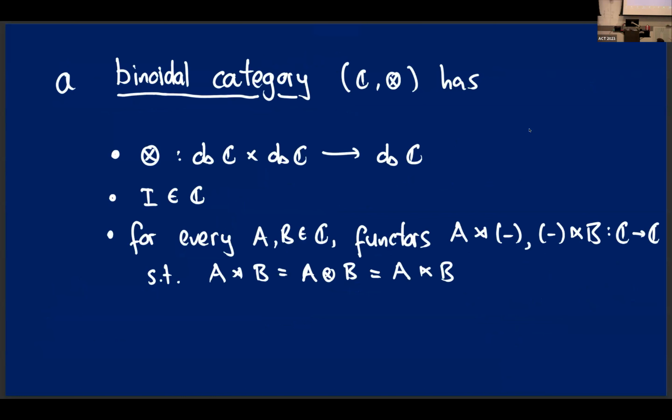This is not a functor. We've got a unit object, and then for every A and B we've got things that want to be A tensor blank and blank tensor B, but because we're not functorial in both arguments simultaneously, they only exist on one side or the other. So these two don't stick together to form a functor in two arguments. It's just what they ought to be if this was a tensor product in a monoidal style.